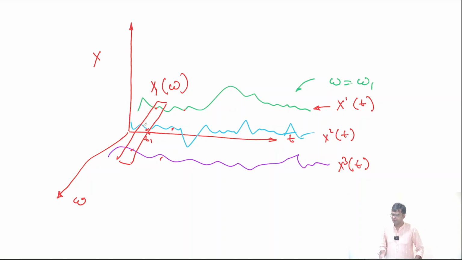Okay. Before going further, let us try to summarize what we have discussed till now. Random process, first of all, we defined it as a collection of random variables. We also said that it is basically a distribution over functions. And because it is a distribution over functions, each sample from it is a function.